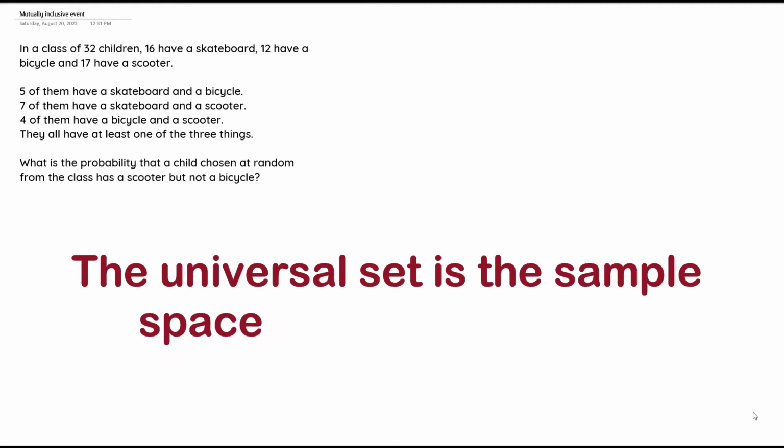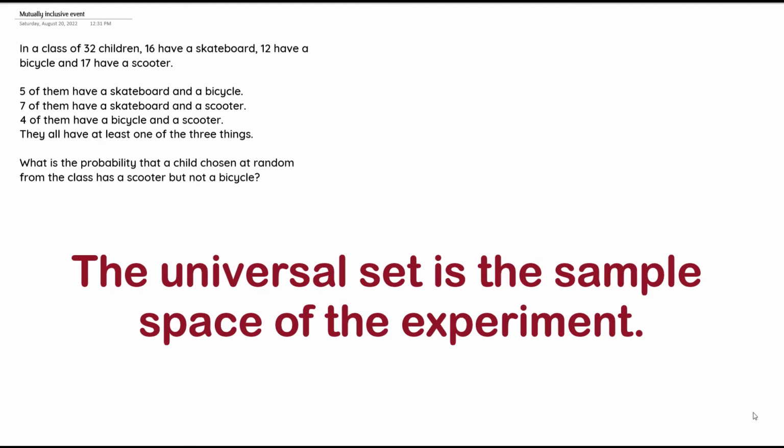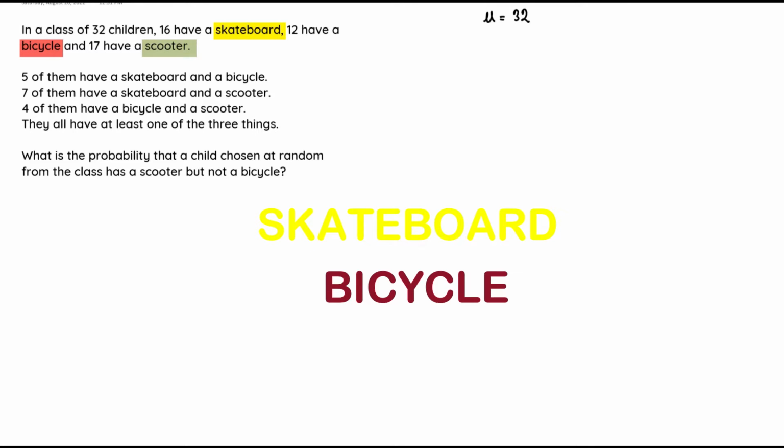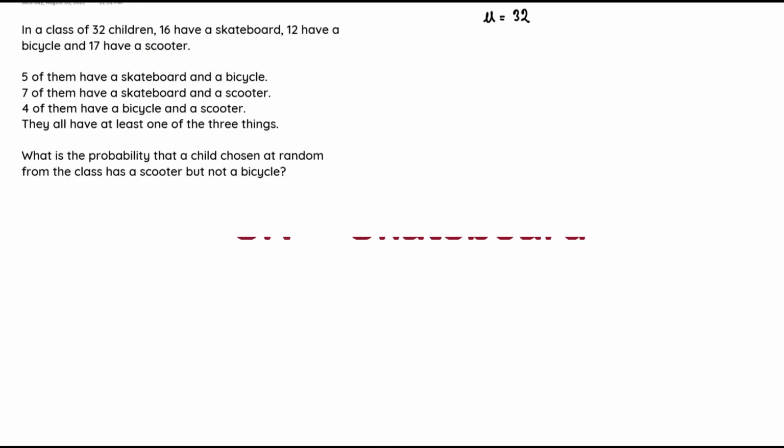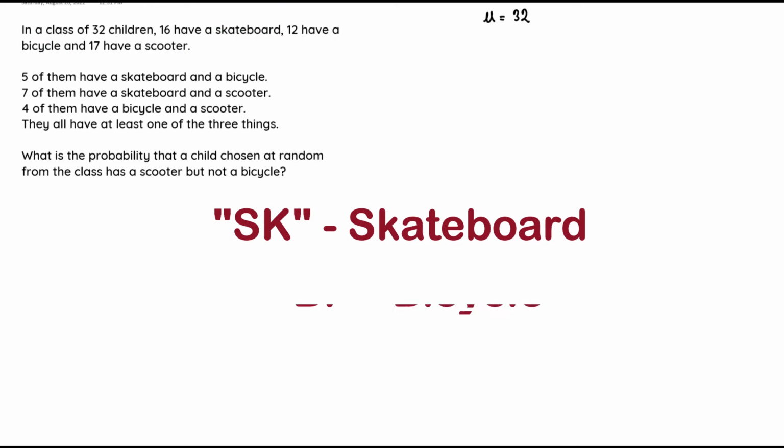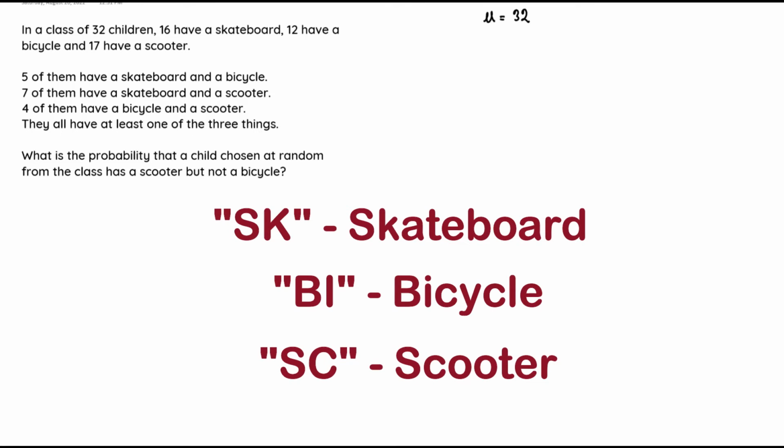The universal set simply represents the sample space of the experiment, and in this case of ours, we have a total of 32 children. So that means our universal set, mu, is going to be equal to 32. So we have 3 events right here, that is a student having skateboard, having bicycle, or having a scooter. So I'll be using SK to represent skateboard, BI to represent bicycle, and SC to represent scooter.